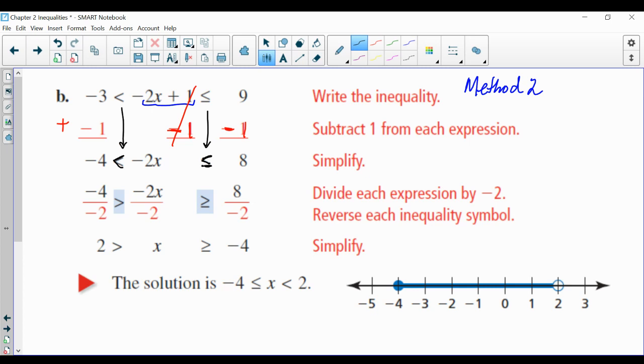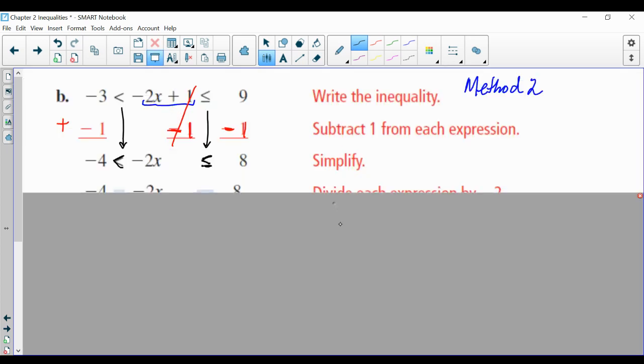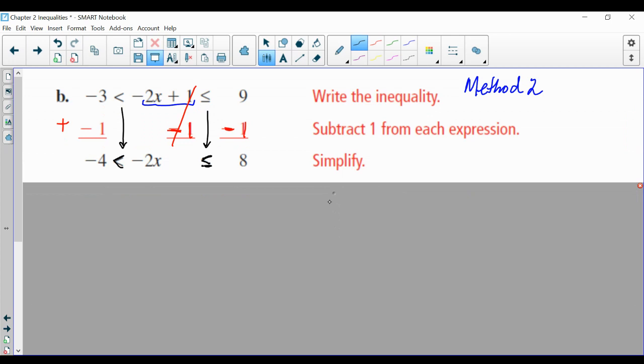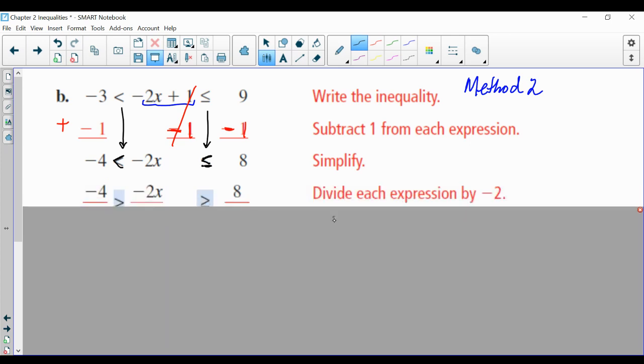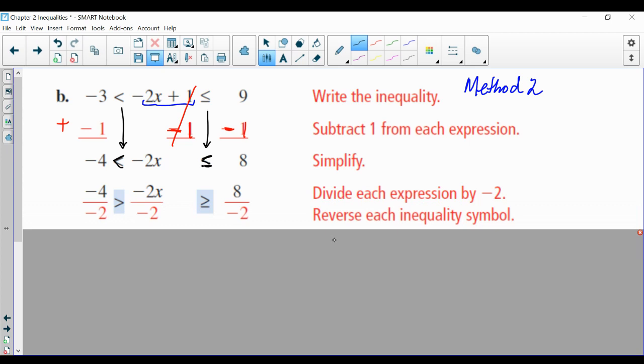So now the next thing I want to do is clear that -2. I'm going to divide all the sides by a -2. But remember, when we divide by a -2, we have to flip those signs.